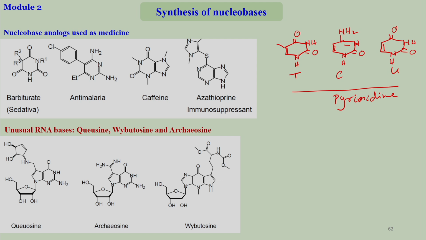One thing I should mention is that DNA or RNA are composed of nucleobases plus sugar plus the phosphate. Now, the nucleobases are the heterocyclic compounds which are of these kinds, pyrimidine and purine.